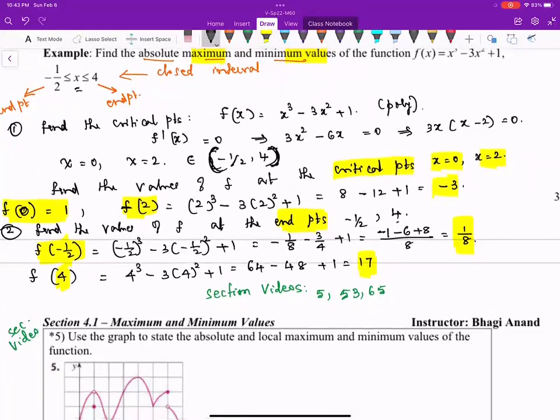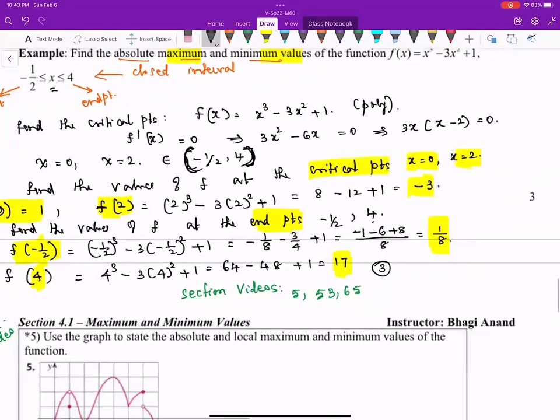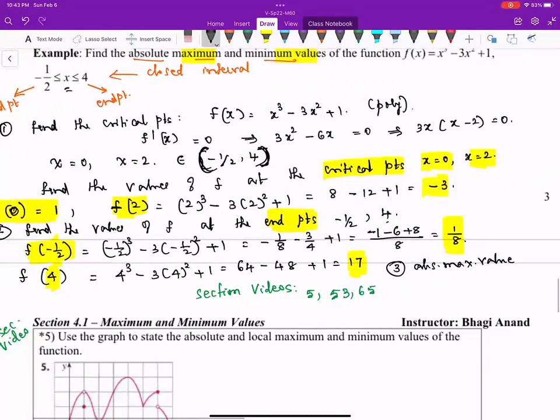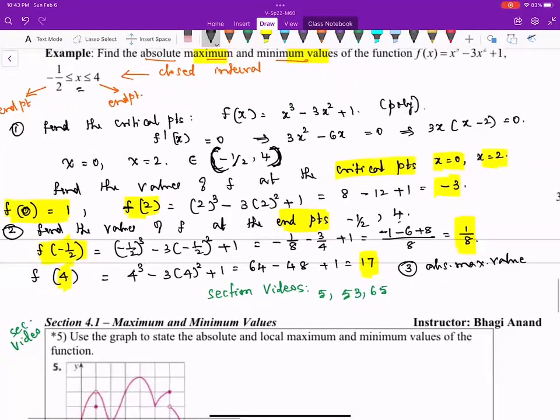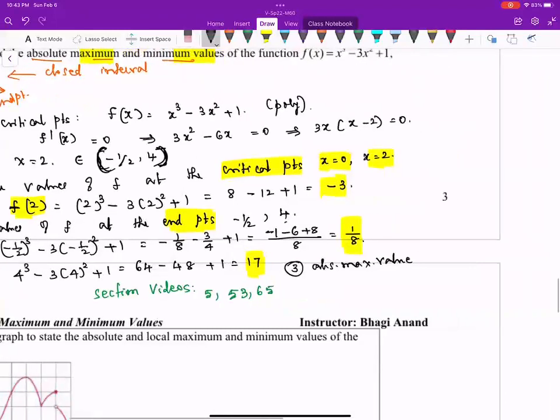So now the conclusion. What is the highest? For the absolute maximum value, which of these values that we have evaluated is the highest? It is definitely f(4) = 17, the absolute maximum.